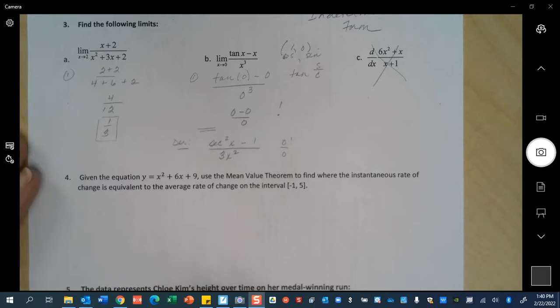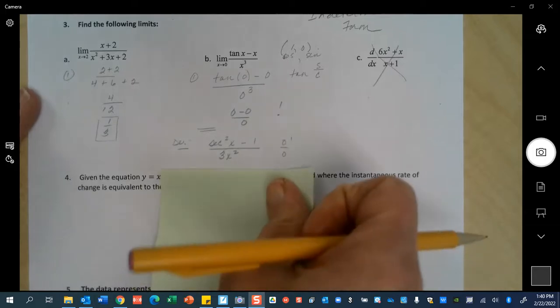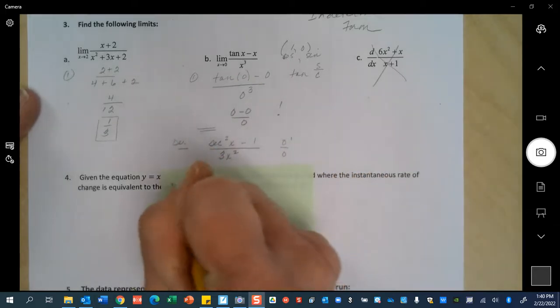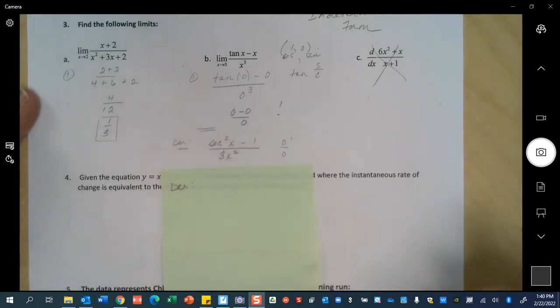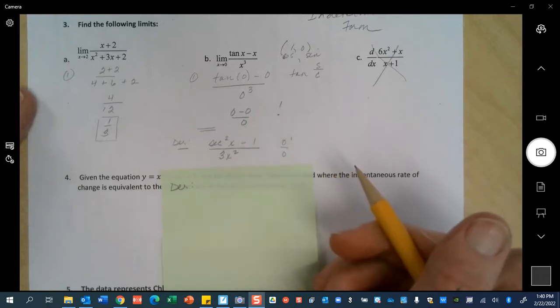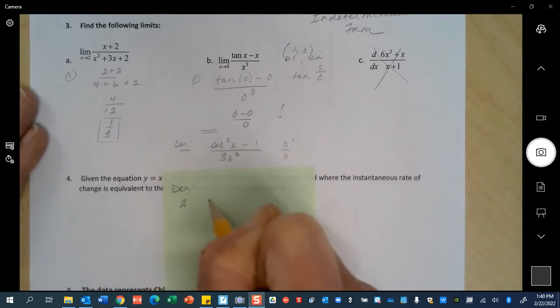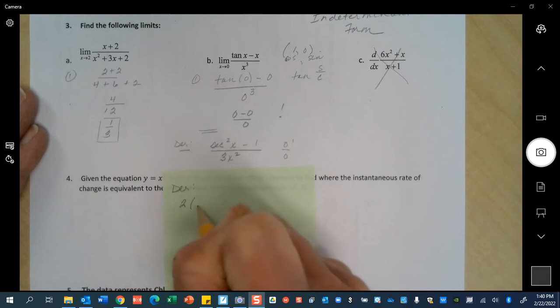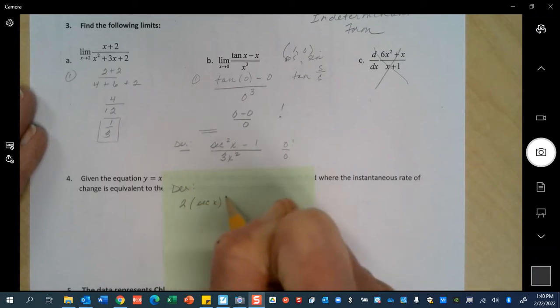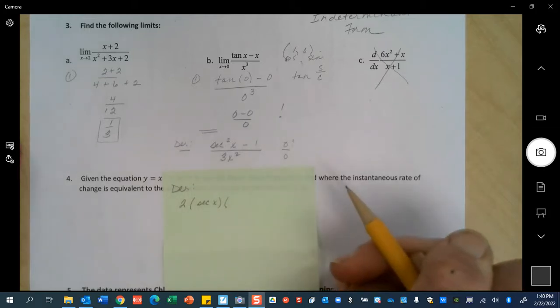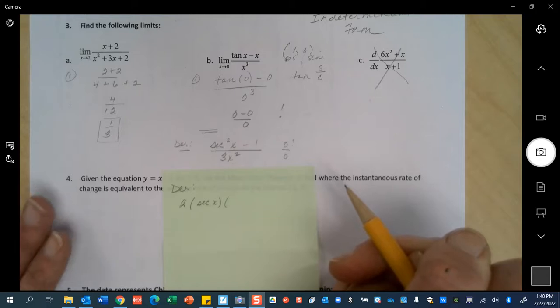I'm going to take the derivative again. So when I take my derivative again, the derivative of my secant is what? So 2 times my secant of x to the 1 last power. Chain rule. The derivative of secant.